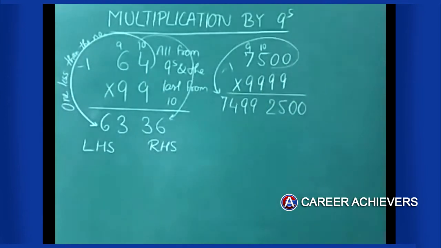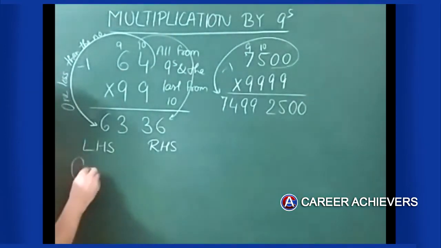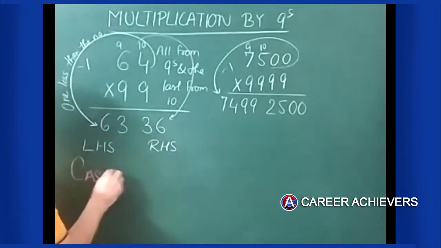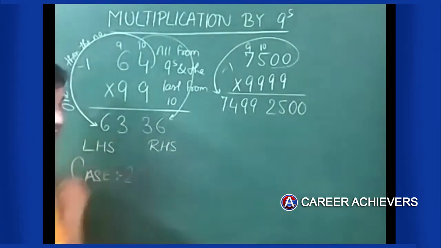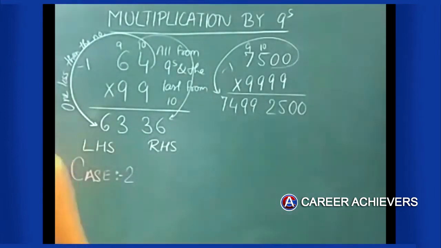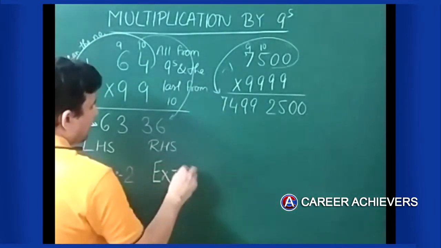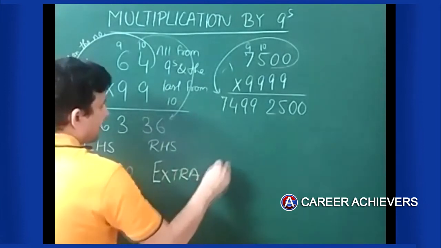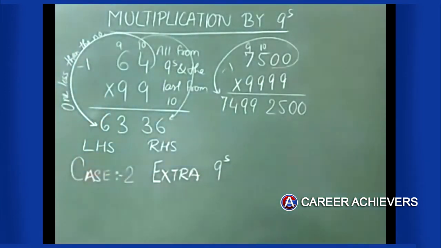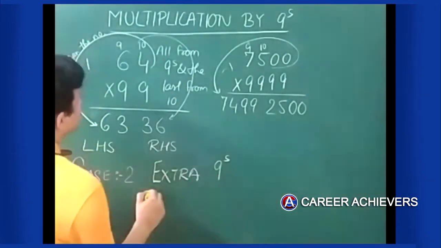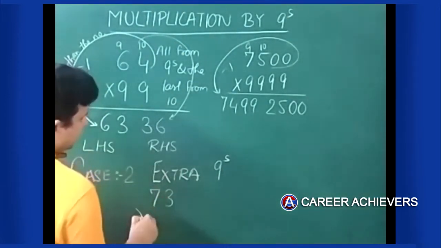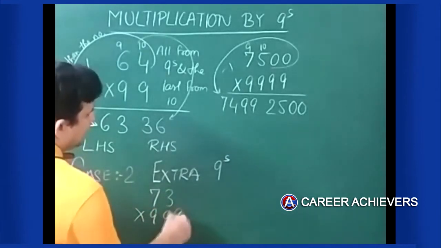Now for case 2. Case 2 is for extra 9s. What we do for extra 9s? In this, we divide our answer in 3 parts. Let's see how. 73 times 99999.